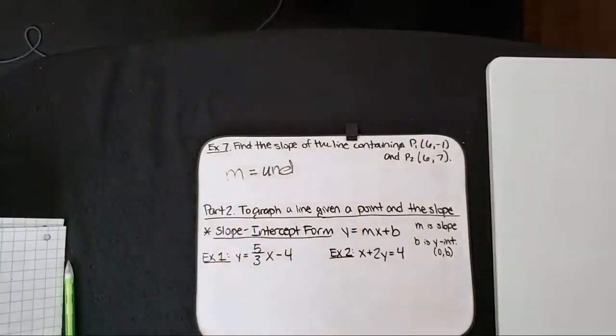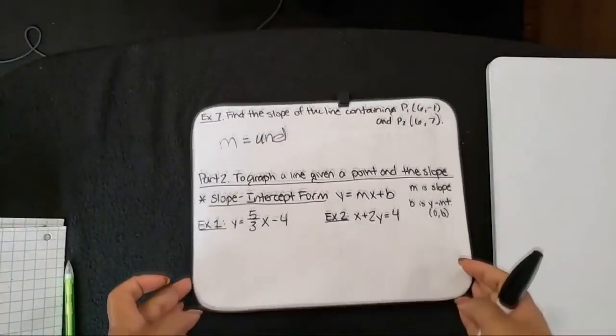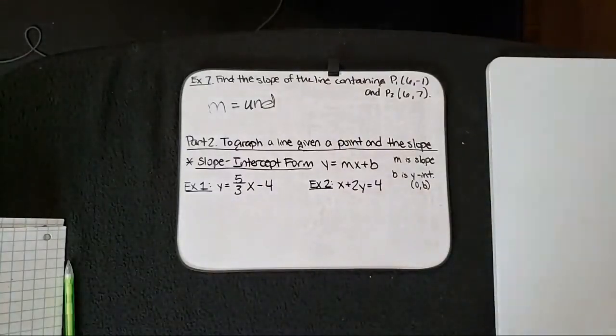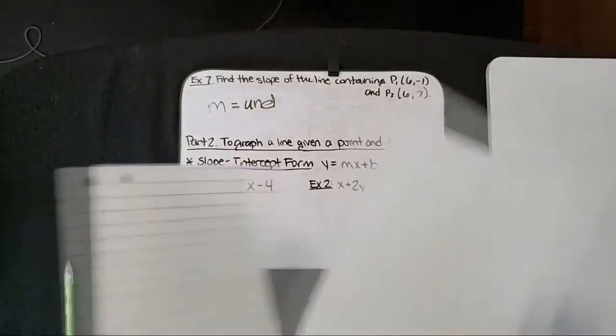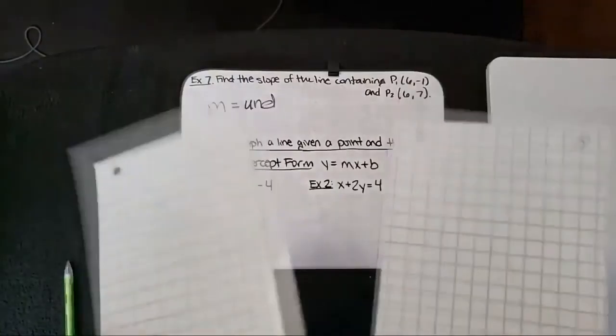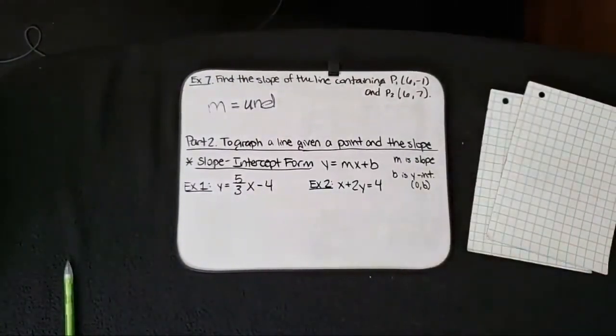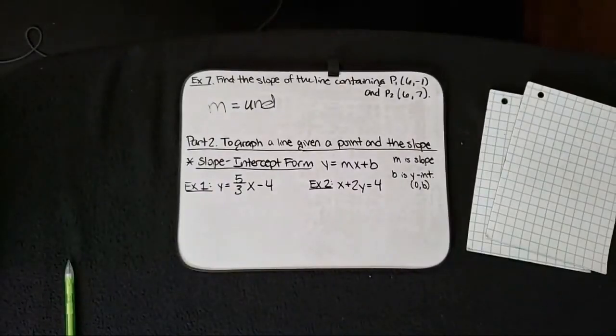Okay. So, part 2. To graph a line given a point and the slope. All right. So for these, I'm going to pull out my little handy dandy tool so our graph can be a little bit more accurate.